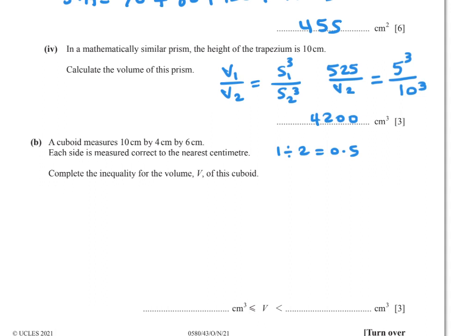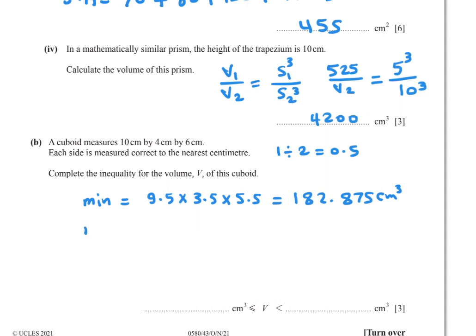So to find the minimum value, subtract 0.5 from each side. So 9.5 times 3.5 times 5.5 equals 182.875 centimeter cube.